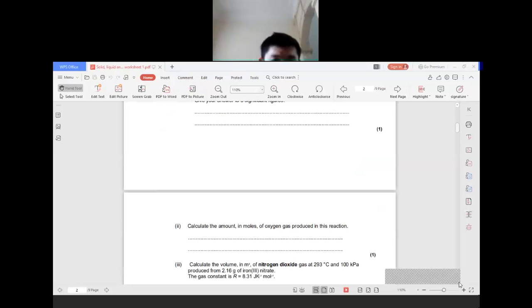The second one, the amount of moles of oxygen gas produced in this reaction, 6.7 times 10 to the power of negative 3. Correct. And the next one is also correct.